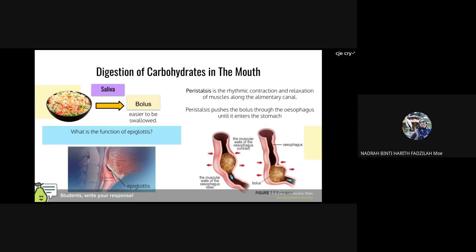So at the end of the bolus journey through our esophagus, it will enter the stomach and start to experience another type of chemical digestion, which is protein digestion. So kita nak tengok protein digestion pula in the stomach area.